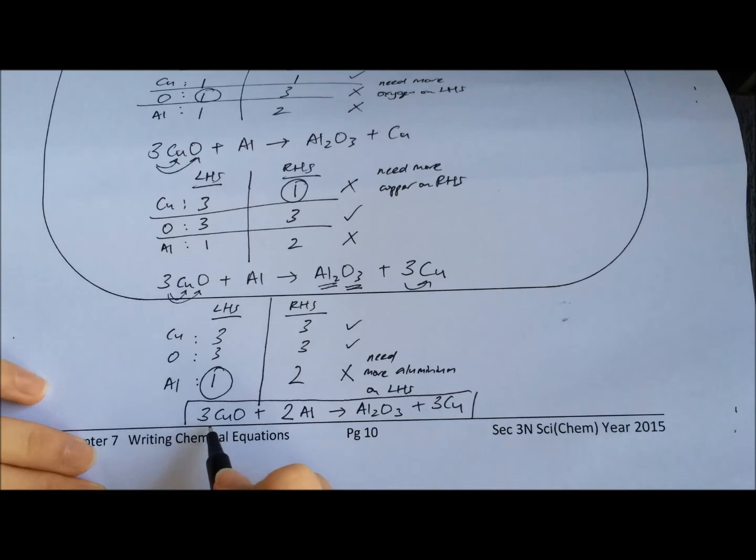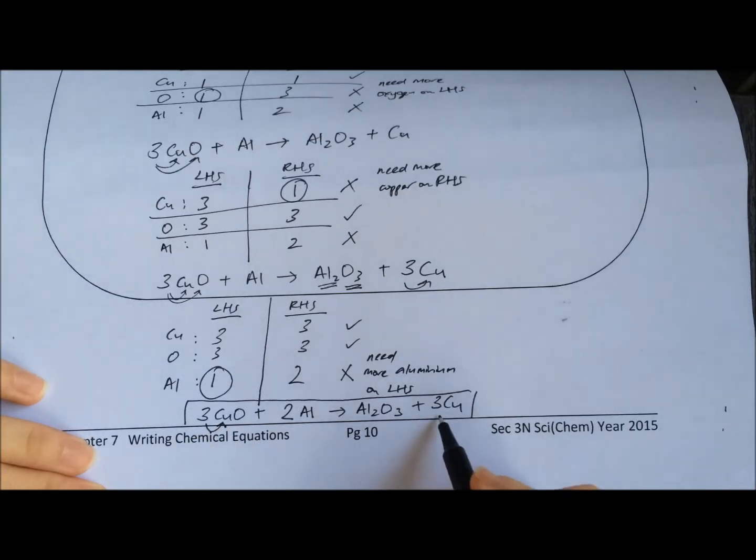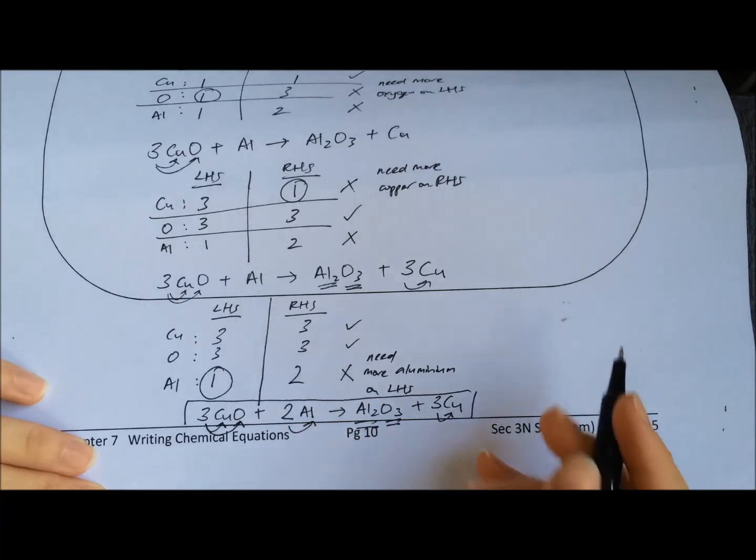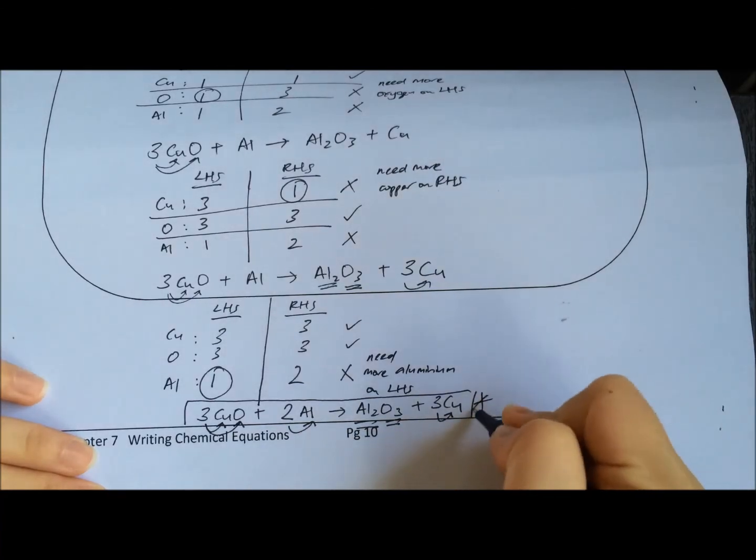Okay, then we can count and check again if you don't want to write the working out. So 3 copper, 3 copper. 3 oxygen, 3 oxygen. 2 aluminium, 2 aluminium. Everything on the left is the same as everything on the right.